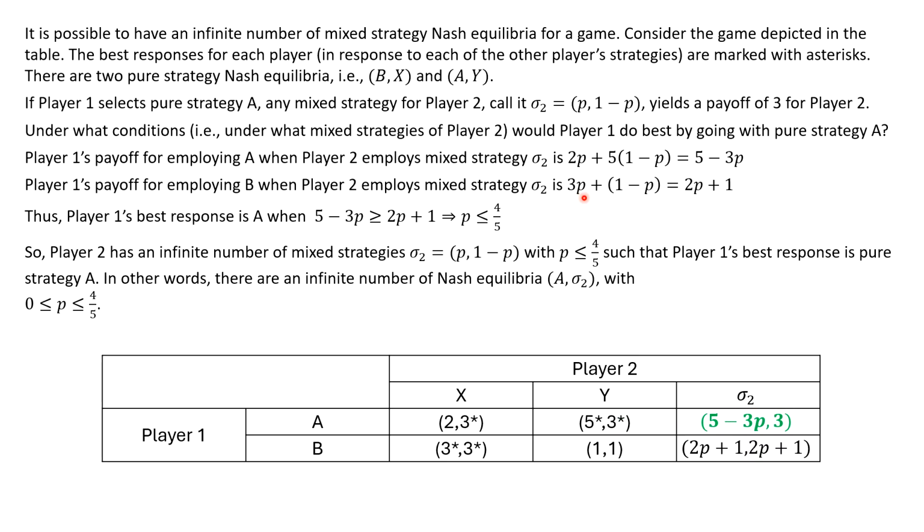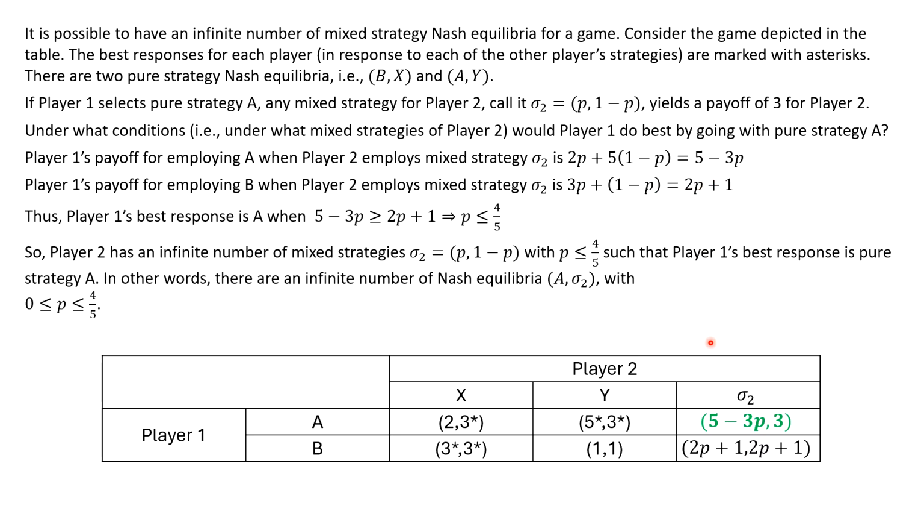And the payoff for player 1 is 2 times P plus 5 times 1 minus P, and that's 5 minus 3P. And then we can compute the payoffs when player 1 plays B and player 2 plays sigma sub 2, and that's here. You notice they're both the same because it's just 3, 3, 1, 1, so you'd have 3 times P plus 1 times 1 minus P, and that's 2P plus 1.